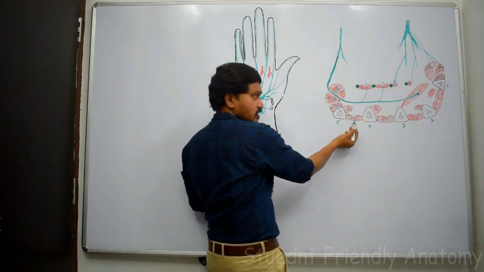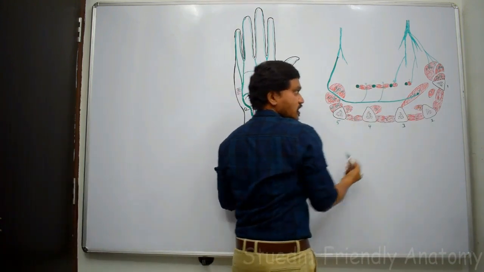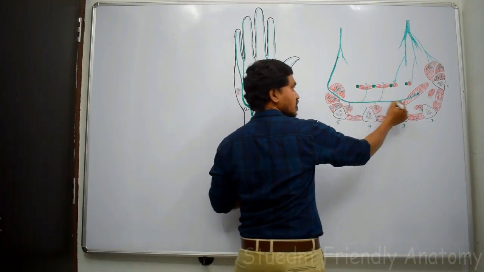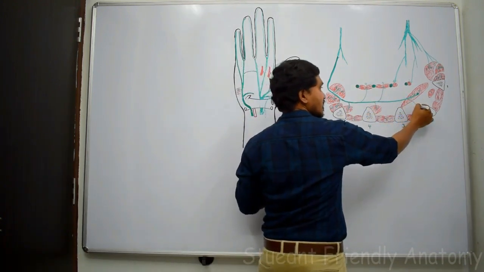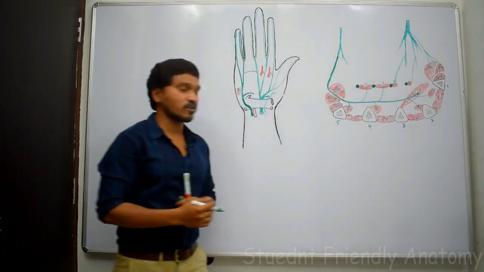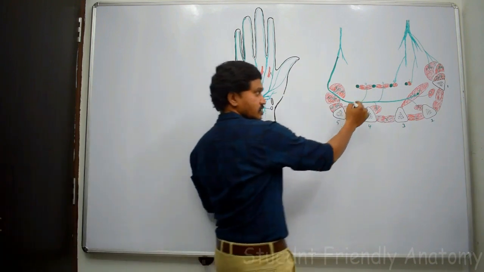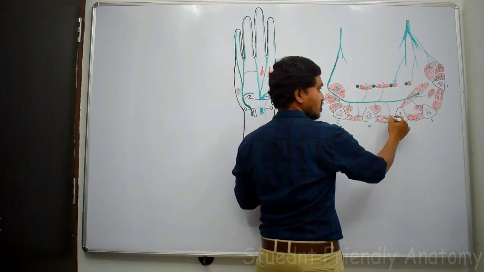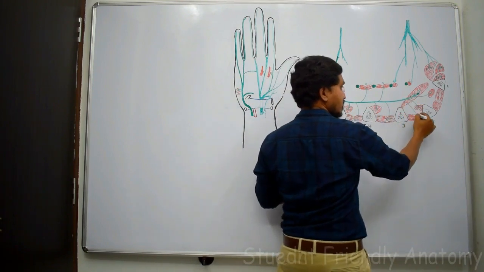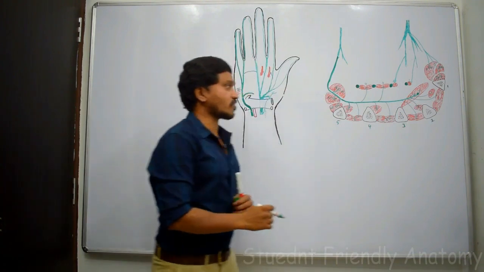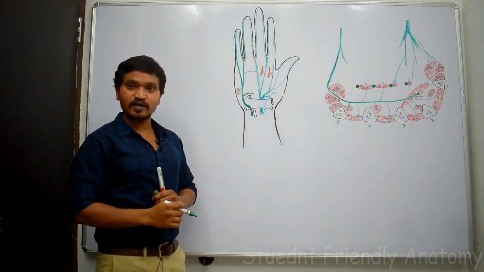Then what are these muscles? Palmar interossei and dorsal interossei. So this is fourth, third, second and first palmar interossei, then fourth, third, second and first dorsal interossei, right?